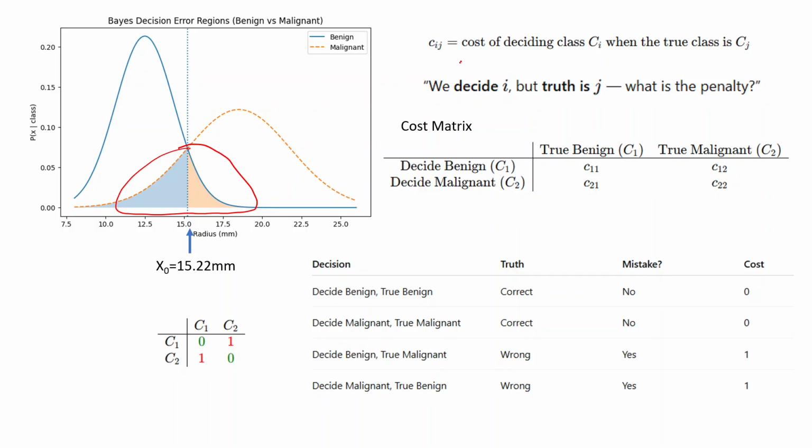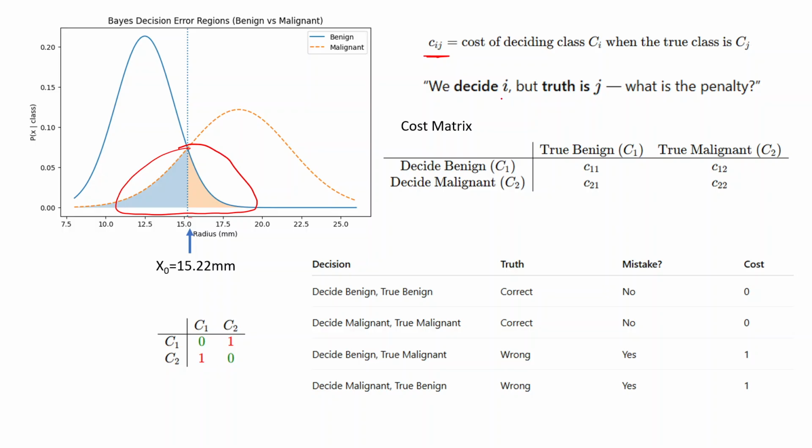Now, we introduce one term that is called the cost, because our aim is to reduce this error. We want to see whether we can shift this boundary to the left or to the right so that we can reduce the error. For that, we take the term C_ij. C_ij is the cost of deciding class i when the true class is j.